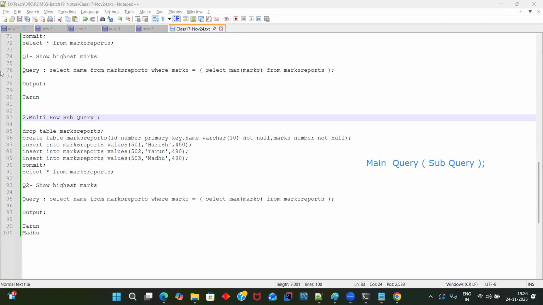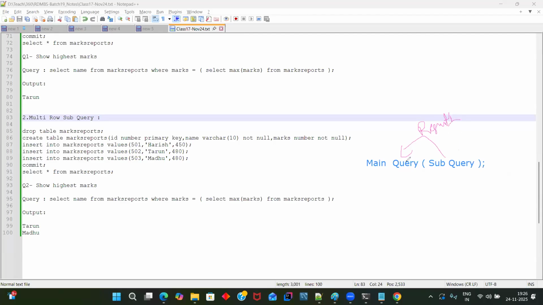Now let me introduce the third type of subquery. In the third type, first the subquery will execute and give its result, let's say result one.